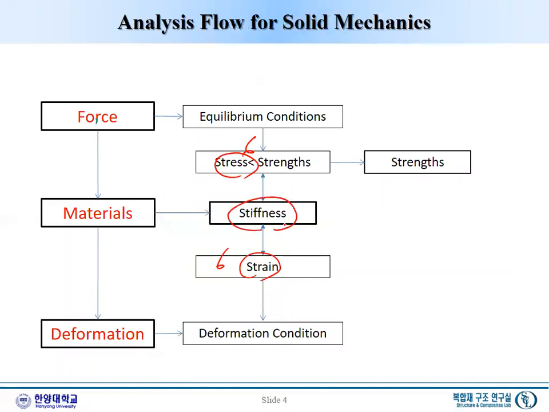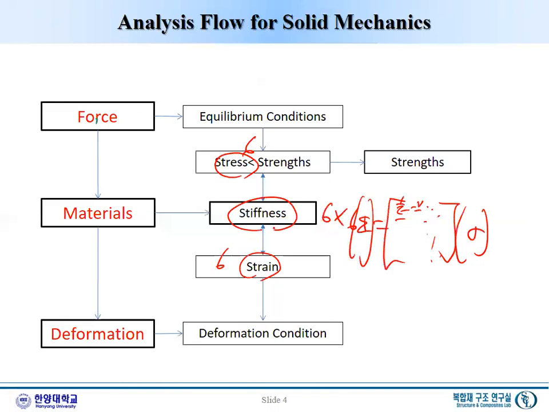Now stiffness, how many? 6 by 6, 36. Okay, you remember all the terms? 36, 1 over E, minus nu over E, and this and that, right? So this is the what? And strain, and this is a stress. Now this is a stress, and simply we started from F, K, X, right? That was the concept, start from the spring.